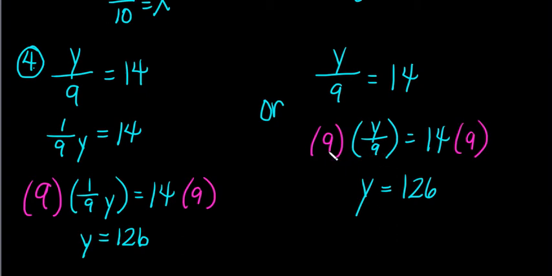You don't have to write it this way unless it helps you see what you are doing, and then that's perfectly fine. Over here is just a quicker way that you can write it. And of course, as always, you can check it and put in 126 and divide it by 9 and see if you get 14, and you should, to make sure you got it correct.